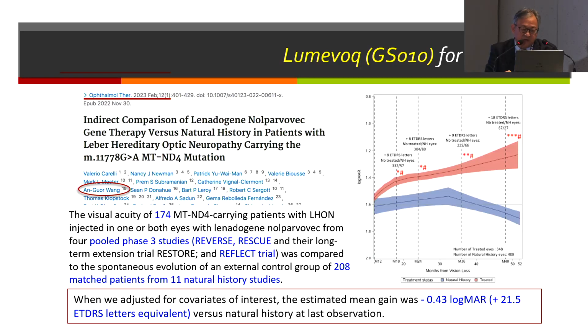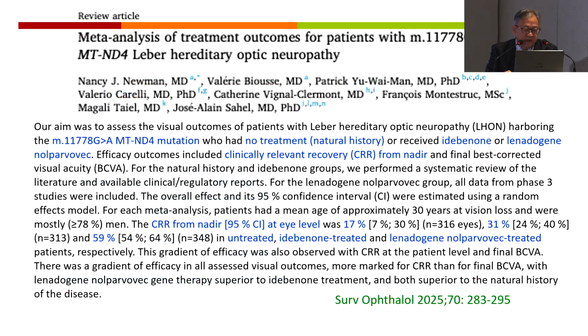And recently, the GenSight company also performed a meta-analysis of the treatment outcome, comparing patients with the 11778 mutation, in 3 groups of patients. The first group is no treatment, the natural history group. The second group is patients receiving idebenone, and the third group is patients receiving GS10 treatment.